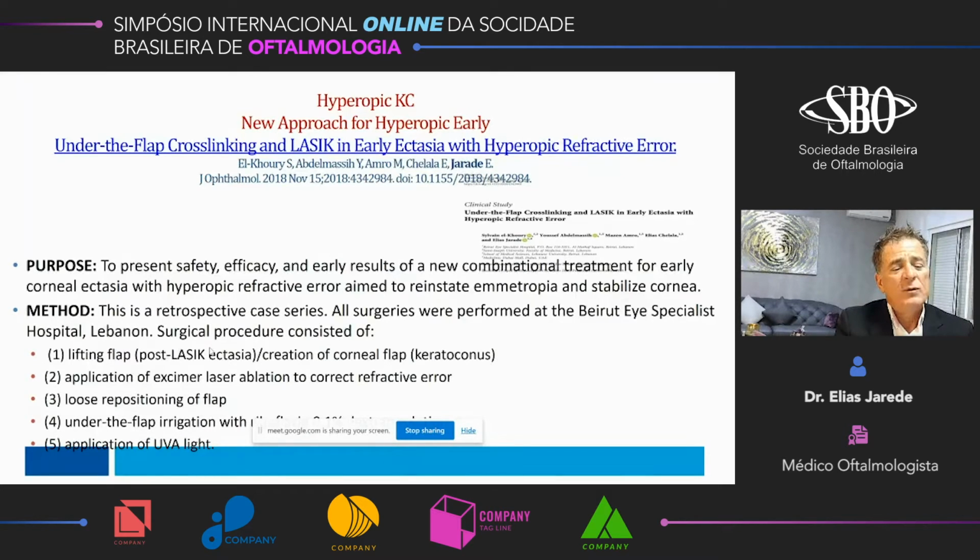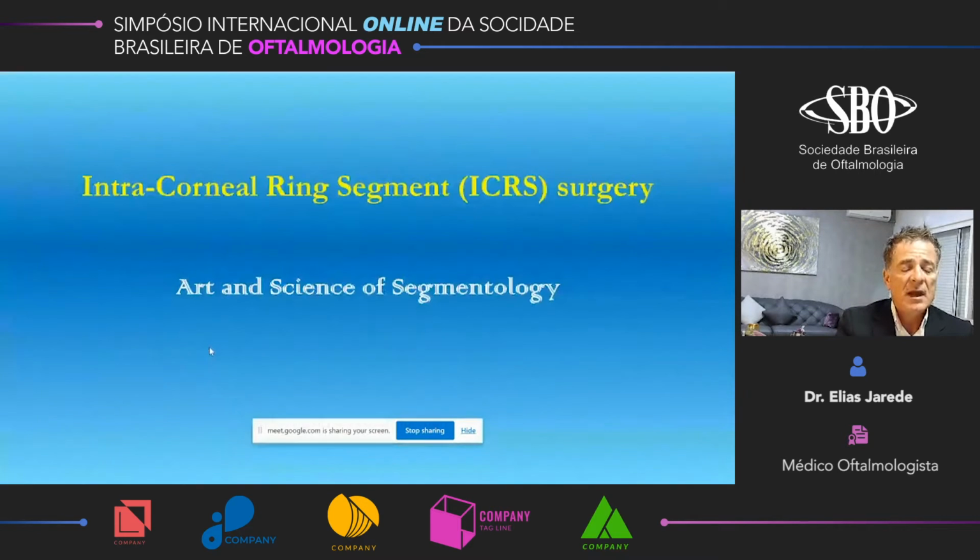And that would be pretty much equivalent to ablating around 3 diopters in myopia combined with cross-linking of the keratoconus. So the idea is that we are not damaging the cornea much in early keratoconus, but we are providing a very good stability, a very good refractive outcome in early keratoconus with hyperopic shift and wish the patient to be free of eyeglasses.